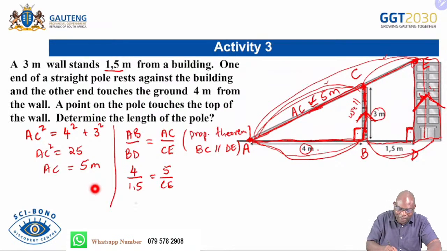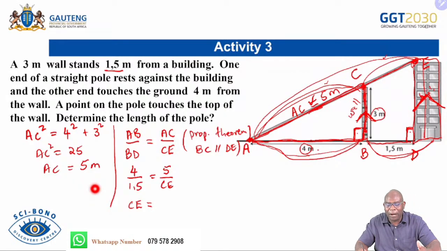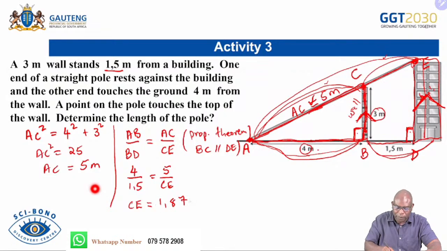So now I'm going to say CE equals 5, cross multiply, 5 times 1.5, and then divide that by 4. If you're using a calculator, let's check if my answer is going to be correct. I think my answer there is going to be 1.875.